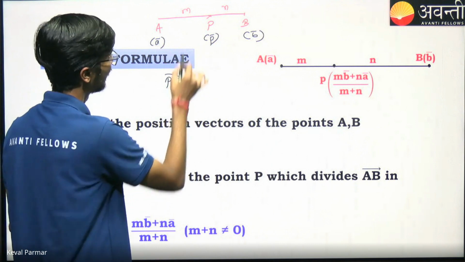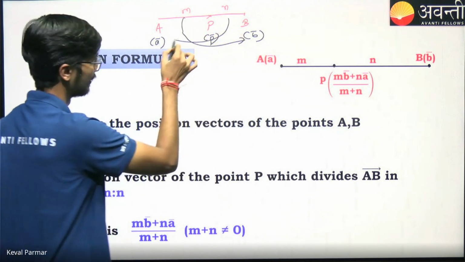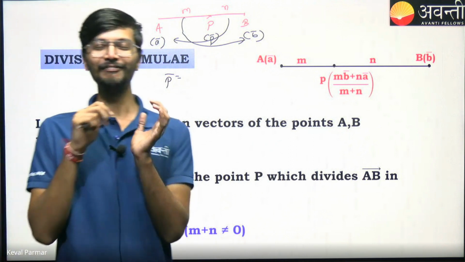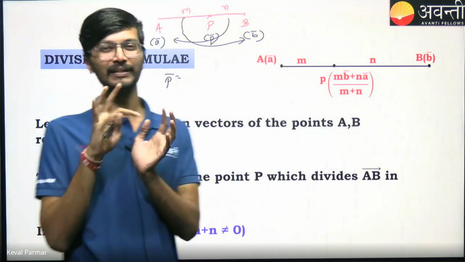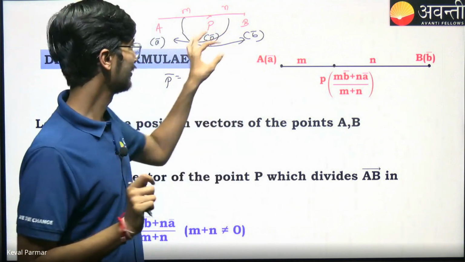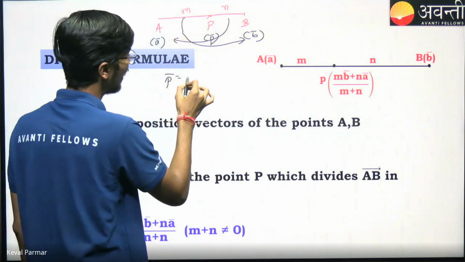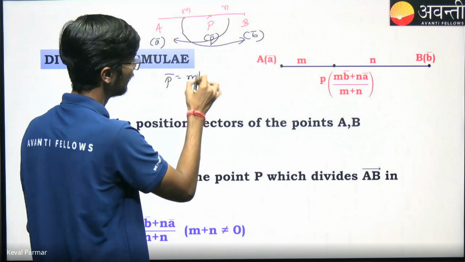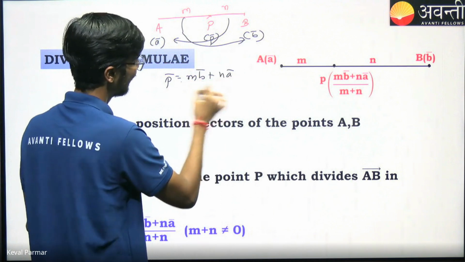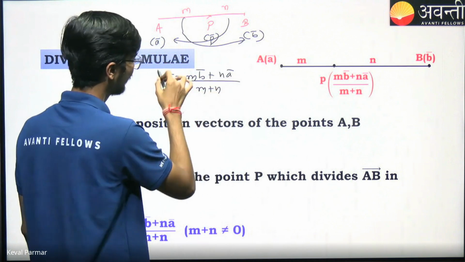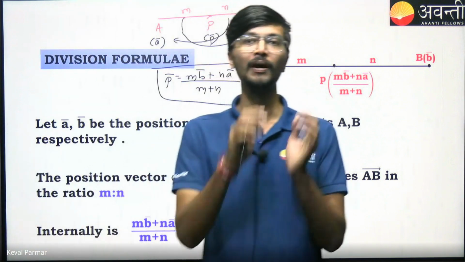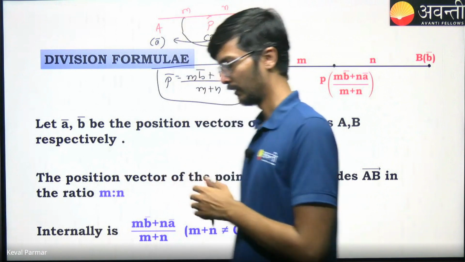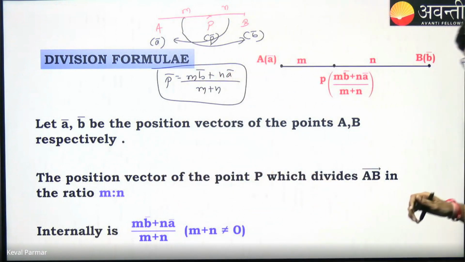I'll just draw this diagram and cross multiply, because I find it very difficult to remember the formula, and many a times I make some silly mistake. Using this, I avoid those mistakes. I write m with b bar, plus n with a bar, upon m plus n. So I get the same formula, which is the position vector of p bar. Let's move on to the next concept.